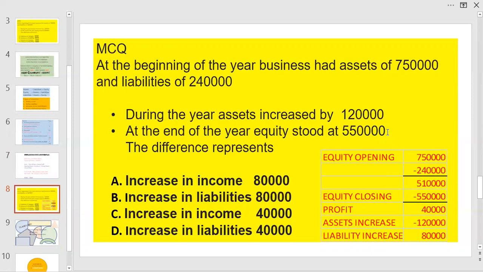It means equity plus liability should be 120,000 up. The next one, they give the equity at present is 550. At the beginning it was 510, we calculated it. So the difference is 40. Therefore, the balance increase of 80 has to be liabilities, which is B, and that is the answer.